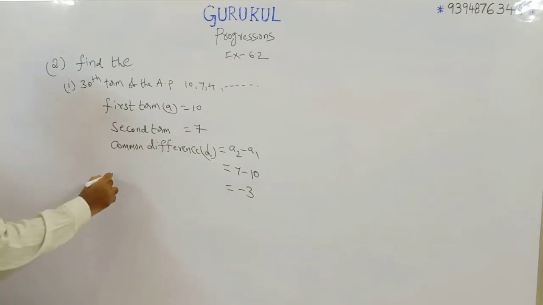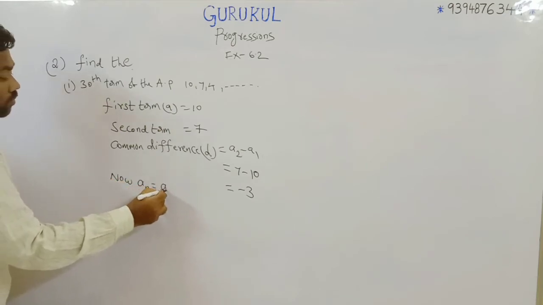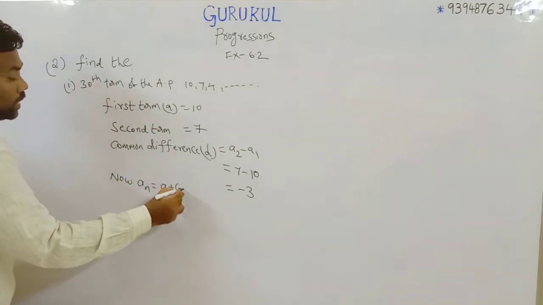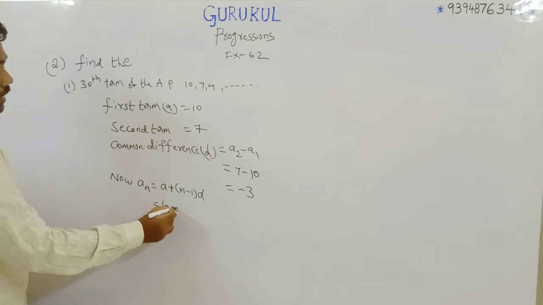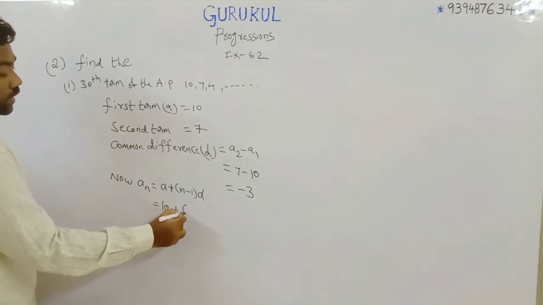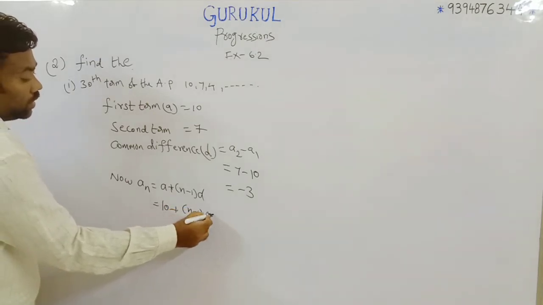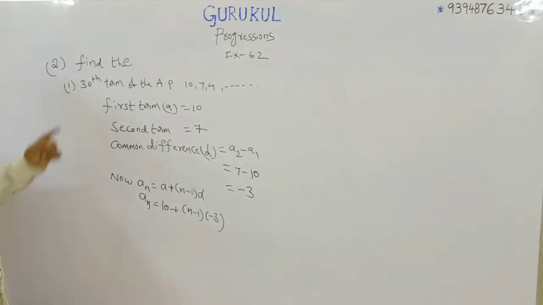Now an of an AP is a plus n minus 1 into d. a is 10 plus n minus 1 into d, minus 3. Now we find the value of the 30th term.